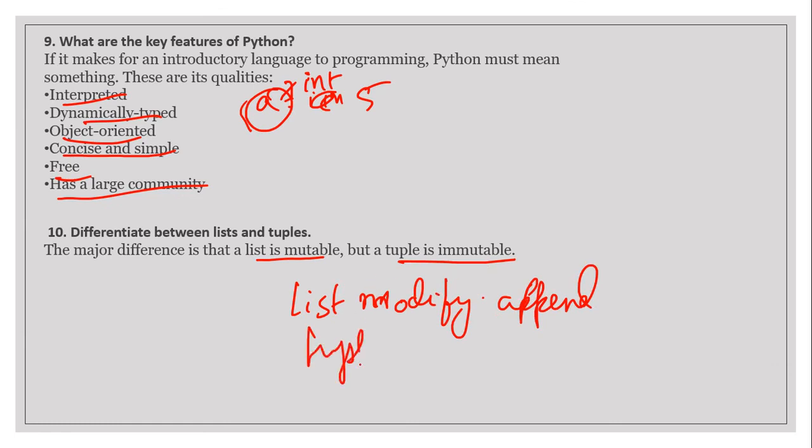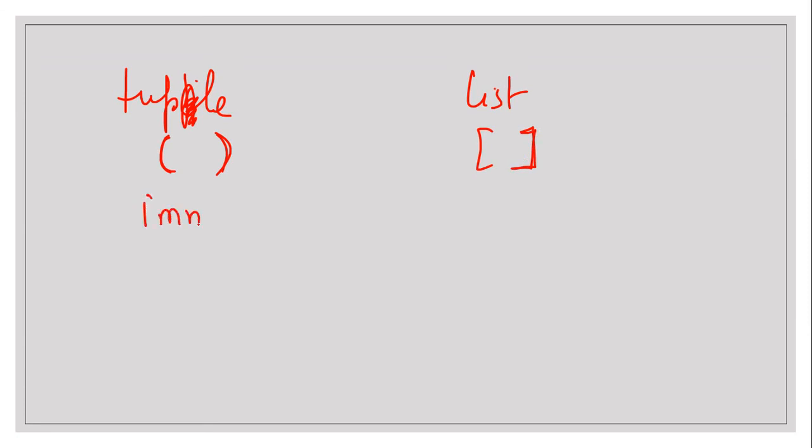In a tuple we cannot modify or append. A tuple is declared in small brackets, a list is declared in square brackets. A tuple is immutable, a list is mutable. Okay.